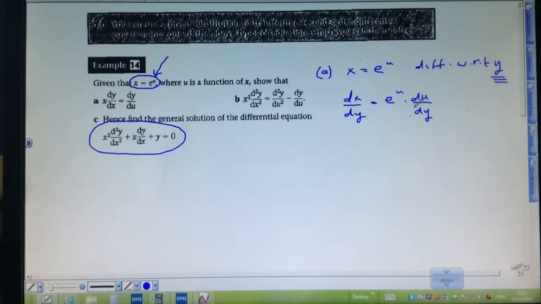Okay, so we're going to reciprocalize both sides here, so you end up with dy by dx is equal to 1 over e to the u, dy by du.